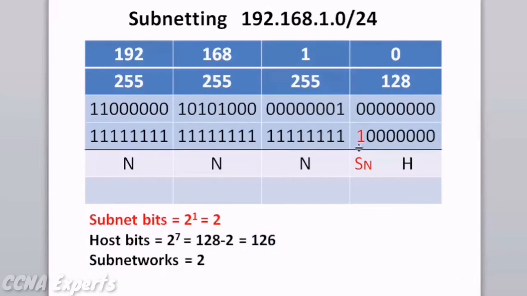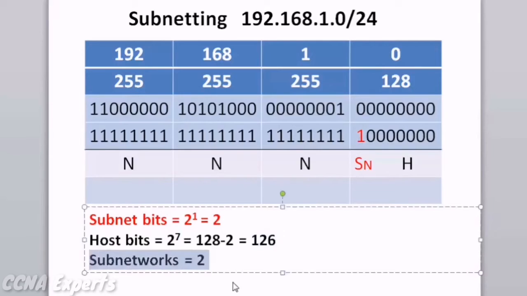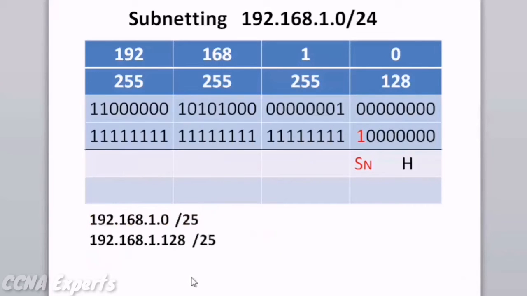So by borrowing 1 bit from the host portion of the address, we create 2 subnetworks, each with 126 hosts. The subnetworks are the 192.168.1.0/25 subnetwork and the 192.168.1.128/25 subnetwork.